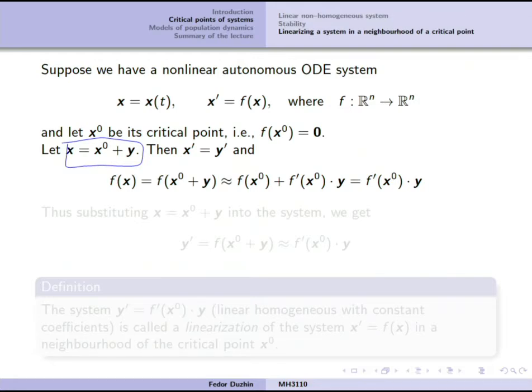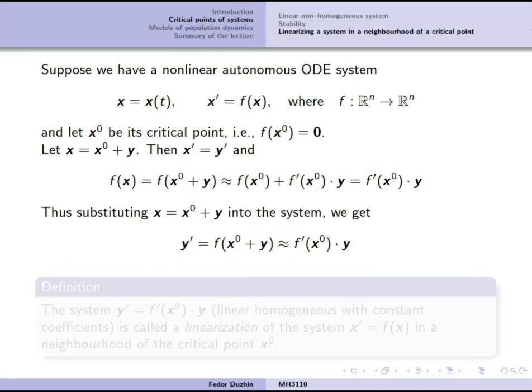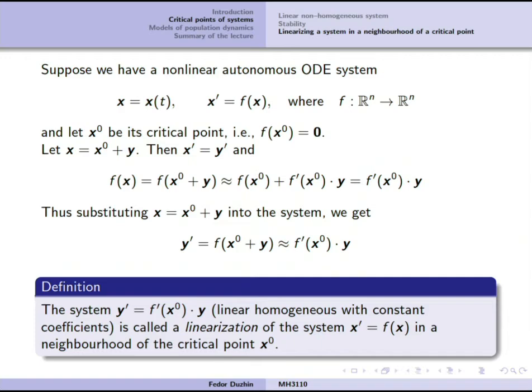So the right-hand side of our equation is approximately the Jacobian matrix times the unknown vector. So remember that f prime of x0 is actually an n by n matrix, and y is an n by 1 vector. And then substituting it back into the system, we get this. The right-hand side of our system is approximately linear. And this linear system is called the linearization of the original nonlinear system.